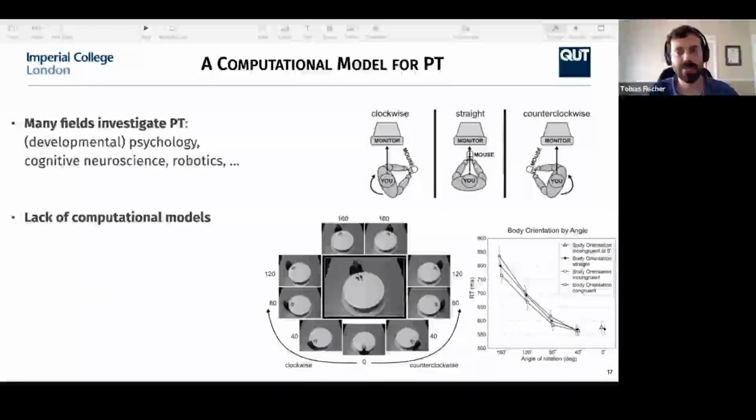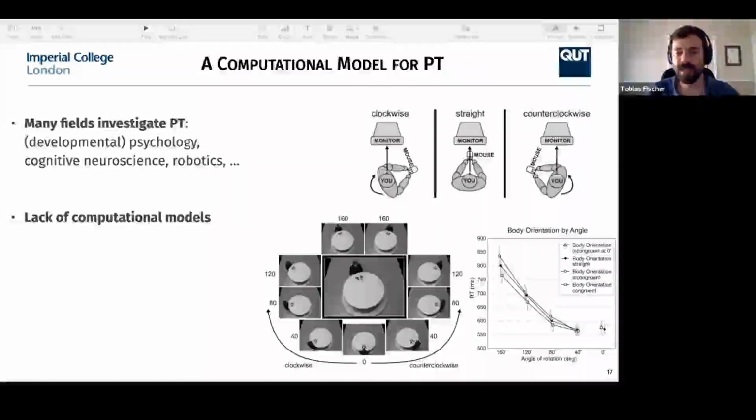And what really puzzled me is the setup you can see on the right. What psychologists have done is they ask subjects to estimate whether an object, in this case a gun and a rose, don't ask me why those particular objects, but they tell you gun, and then your task is to press the left button if the gun is to the left of the other person, or the right button if the gun is to the right.